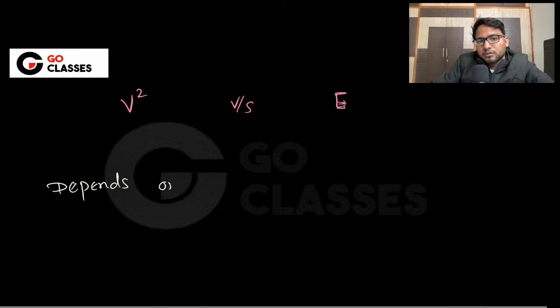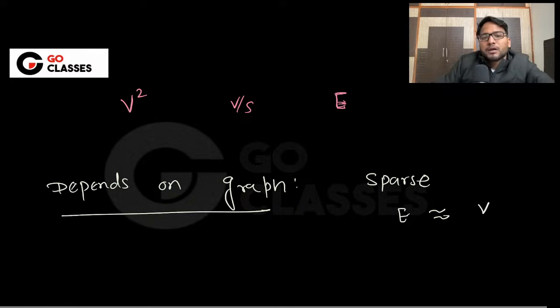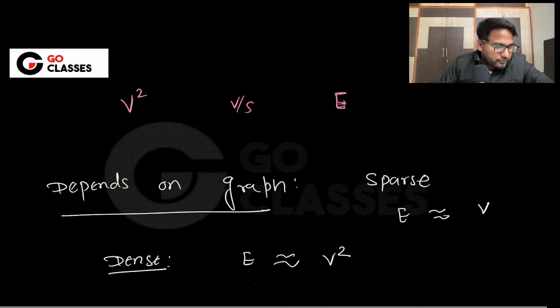If the graph is sparse, then E is the same as V. If it is dense, then the number of edges could be as good as V square. Understood? So it will depend on the graph.